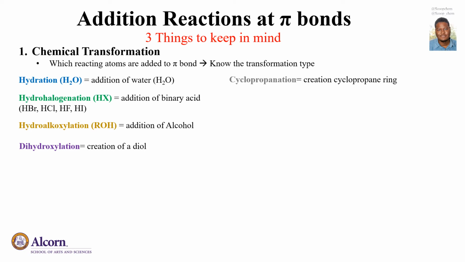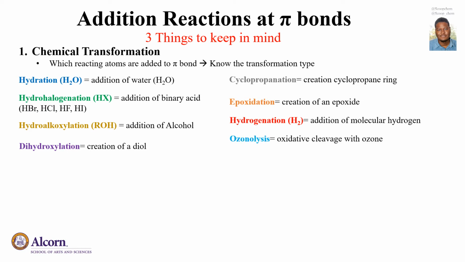Cyclopropanation is going to create a cyclopropane ring. Epoxidation is going to create an epoxide. We'll cover that reaction in detail a little bit later. Hydrogenation is going to add hydrogen atoms across that pi bond. Ozonolysis is going to add ozone across your pi bond, but overall adding ozone is going to do an oxidative cleavage, so the alkene or the alkyne is going to cleave in half.